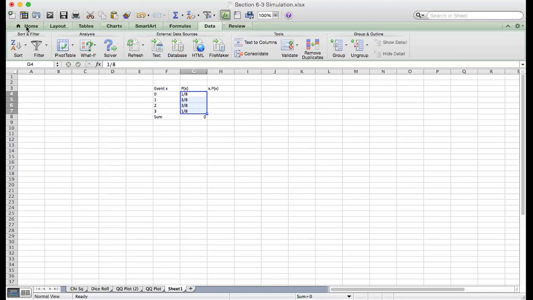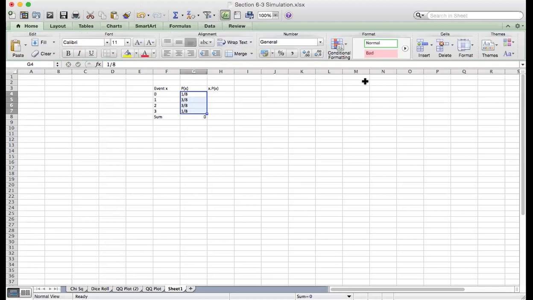I'm trying to figure out what Excel thinks these are. Number, number, number. That is so weird. Why is it doing that?